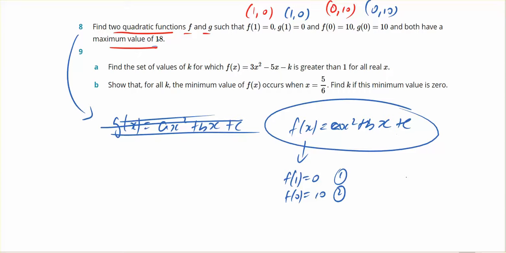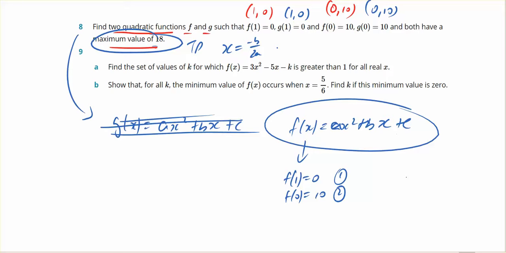It's something to do with the maximum value of 18. Do you remember the turning point? The maximum is a turning point. Remember the formula for a turning point: the x coordinate of the turning point is minus b over 2a.